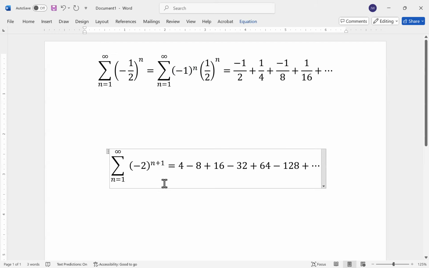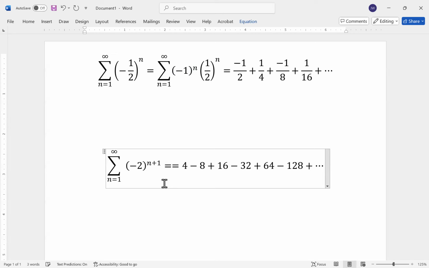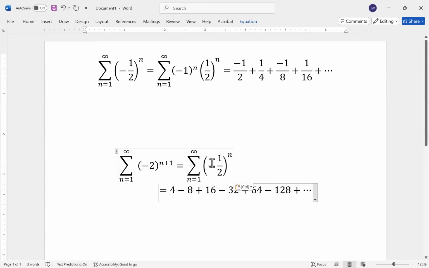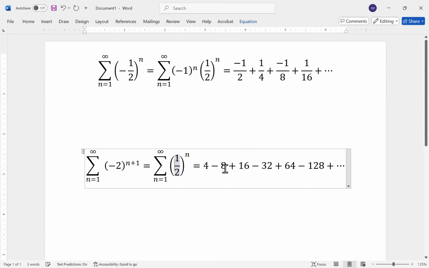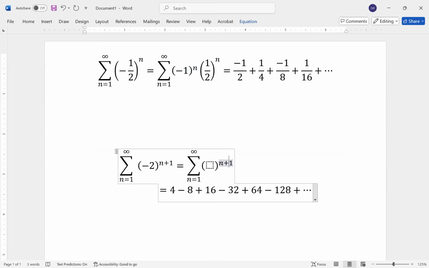I can do the same thing here, except obviously it's being raised to the n plus 1th power when I factor out the negative. And then I have a positive part, again, in this case, being raised to the n plus 1 power. You can also, if you want, multiply and make that look different as well.